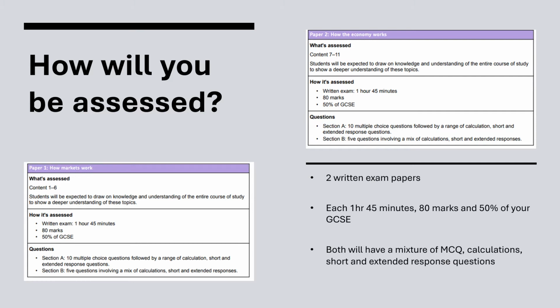And you will be asked to answer some mixture of calculation and short and extended answer questions in the papers. So you might be given a context, such as the current situation in the economy, and then asked your opinions about how efficiently you might tackle those problems.